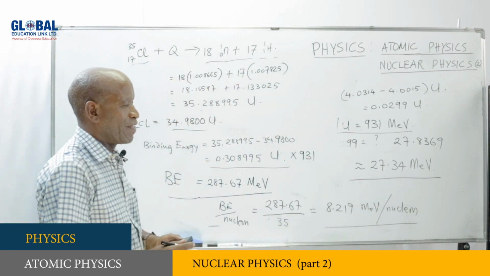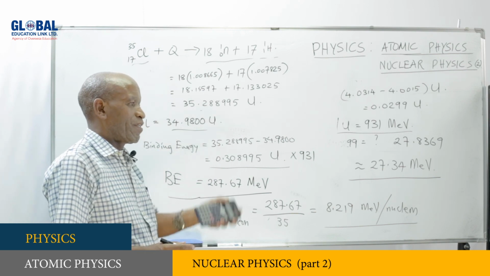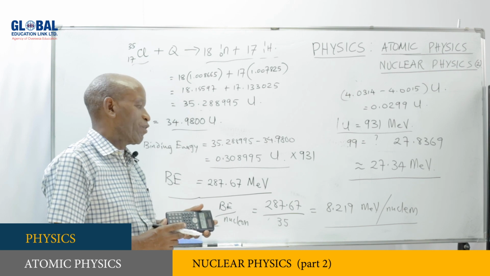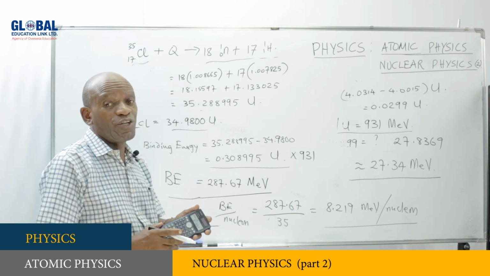So that is the answer for that particular question. That's the binding energy per nucleon. Okay, 8.219 mega electron volt per nucleon.